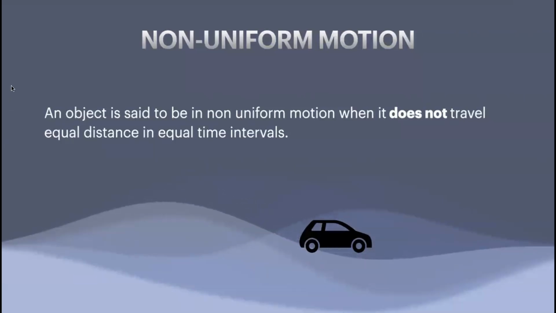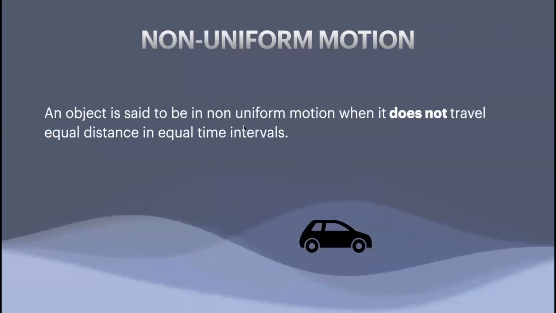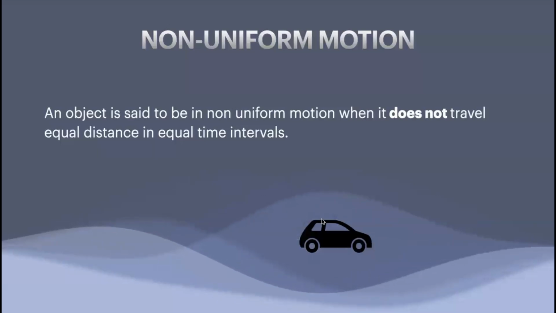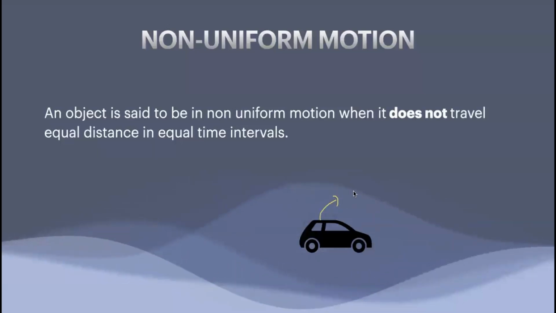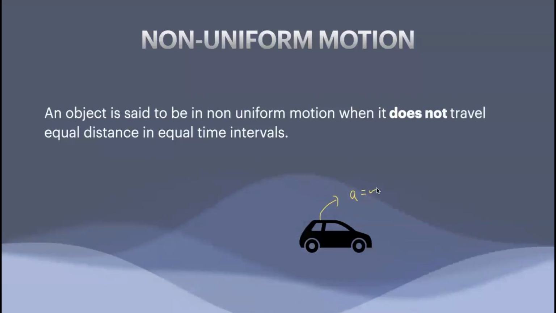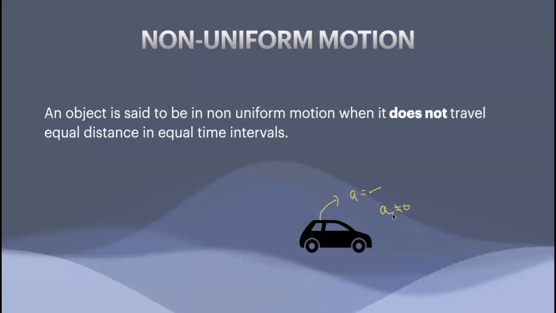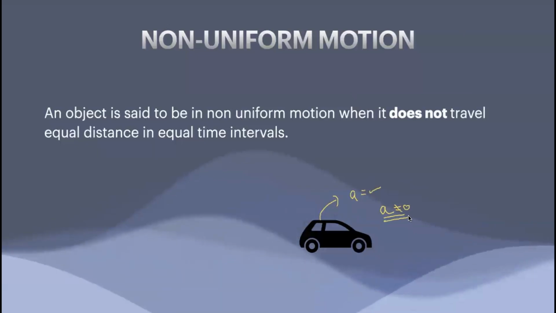What do you mean by non-uniform motion? Basically, this car or any object will have some acceleration, and that acceleration is not zero. Remember, the acceleration of the car is not zero. So that is when the car is said to be in non-uniform motion.